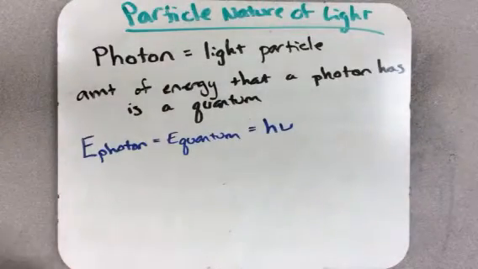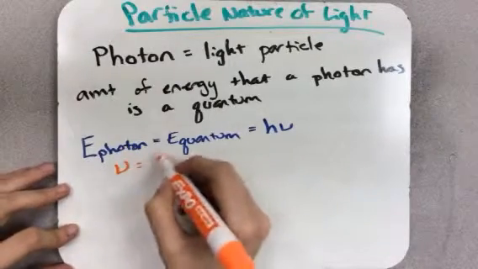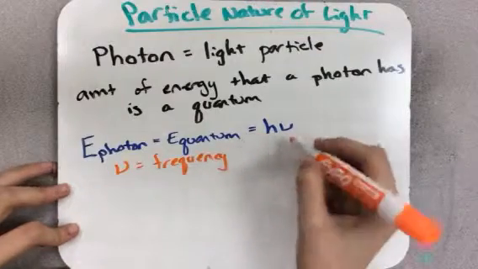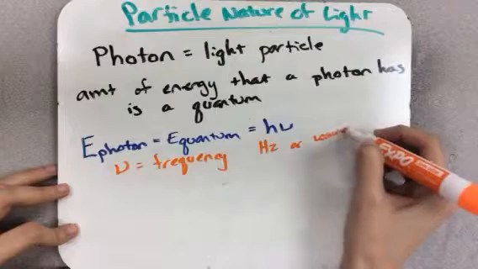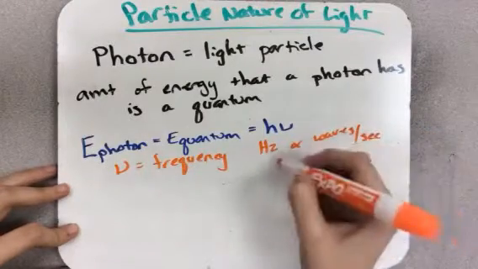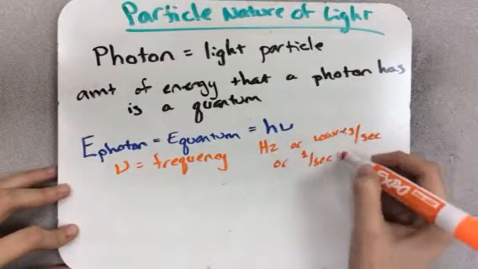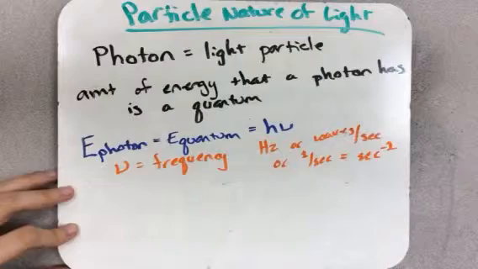Now, we know nu is frequency. Okay, remember that from the previous video. This is frequency, and this is going to have units of hertz or waves per second or 1/second, which is the same thing as seconds to the -1.